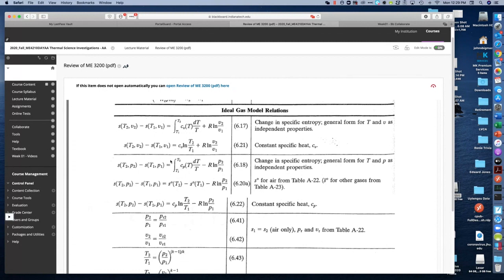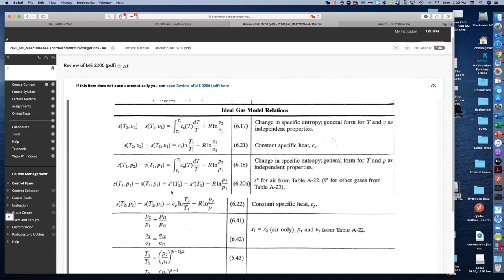Now this term right here has been tabulated for various gases and is provided to you in table A22, and they call that the S0 value for air.